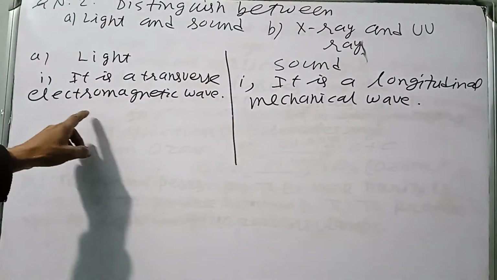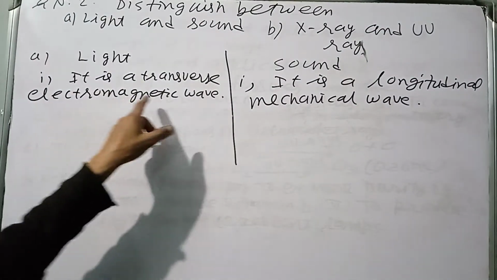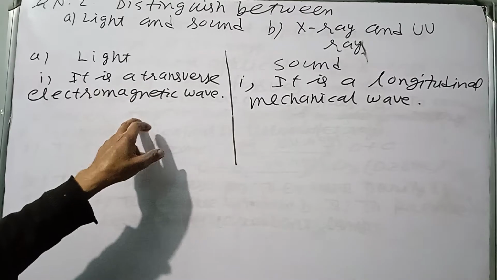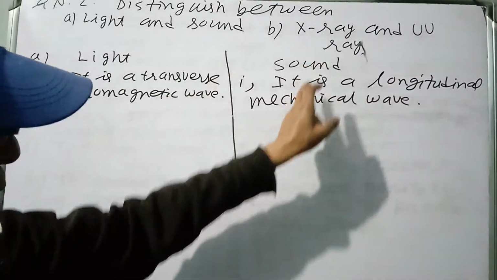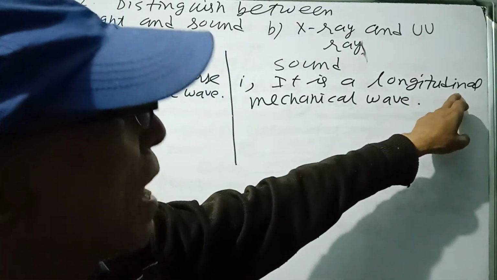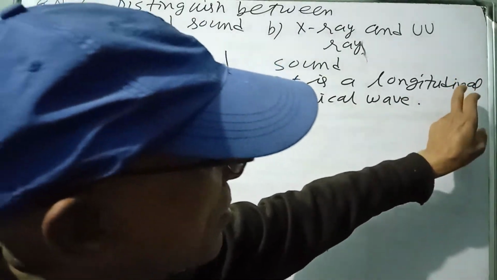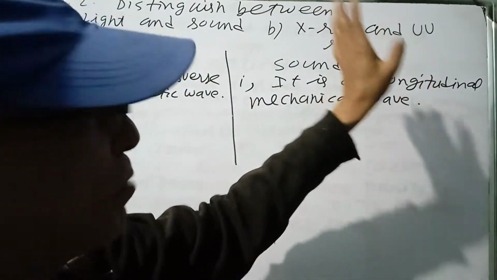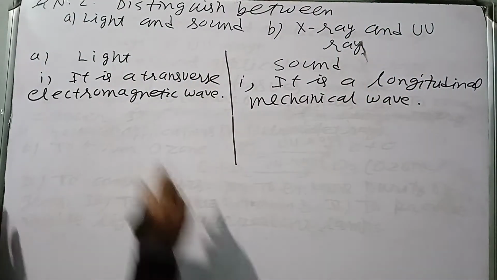Just by the word transverse electromagnetic wave, light can travel through solid, liquid, gas, and even through vacuum. Sound is longitudinal. It travels in the form of compression and rarefaction. Mechanical wave means it needs a material medium to travel.